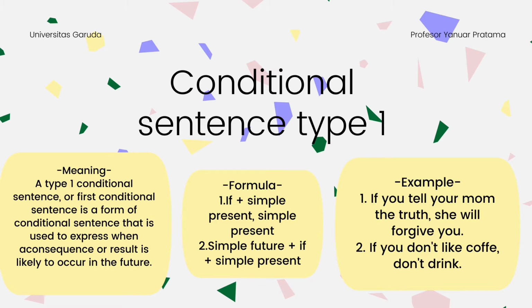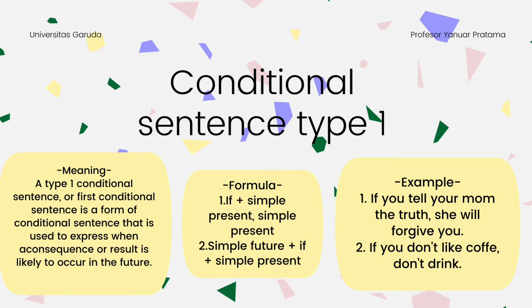Therefore, the first conditional sentence uses a sentence with a simple future. The formula of conditional sentence type 1 is if plus simple present, simple future tense, and simple future plus if plus simple present. For example, if you tell your mom the truth, she will forgive you.